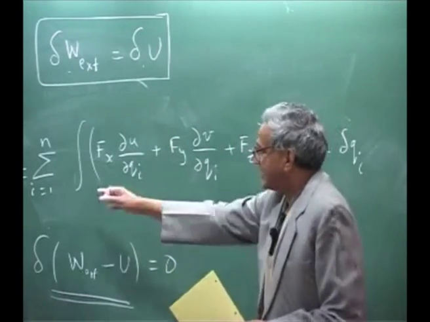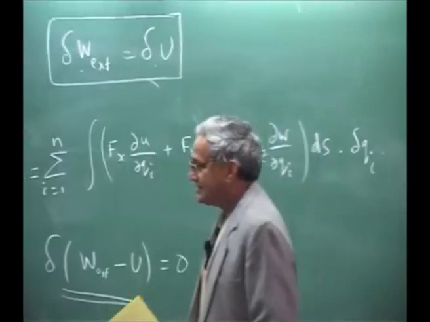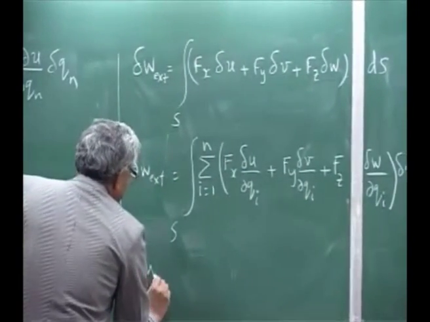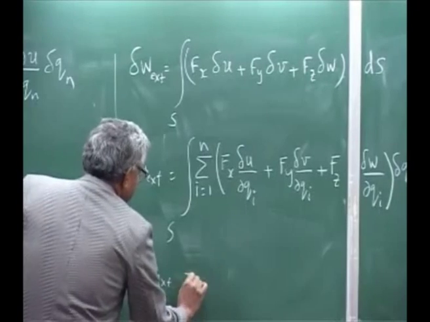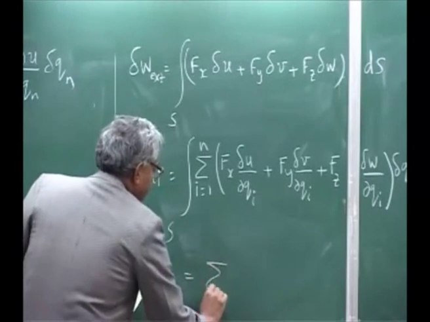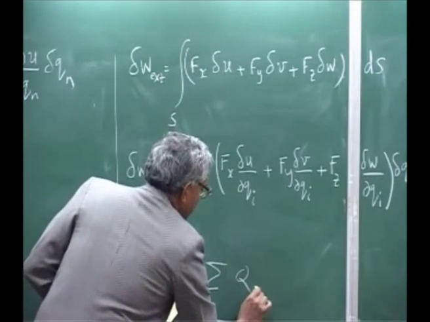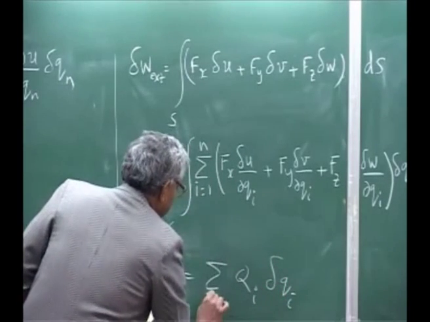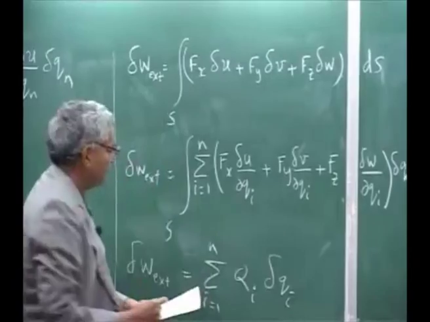Now this entire expression you can write as delta W external is Qi into delta qi, i running from 1 to n.